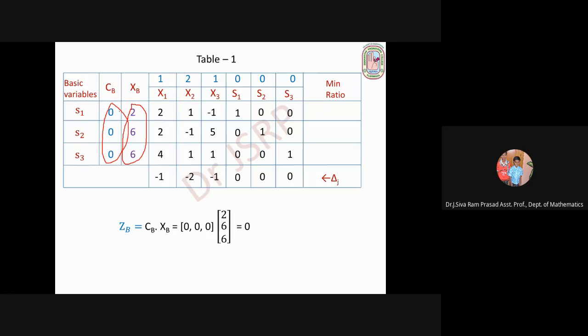So 0 into 2 plus 0 into 6 plus 0 into 6. That is 0. So objective function value is 0 corresponding to this basic solution. Since there are no decision variables in the solution, the objective function value is also 0.